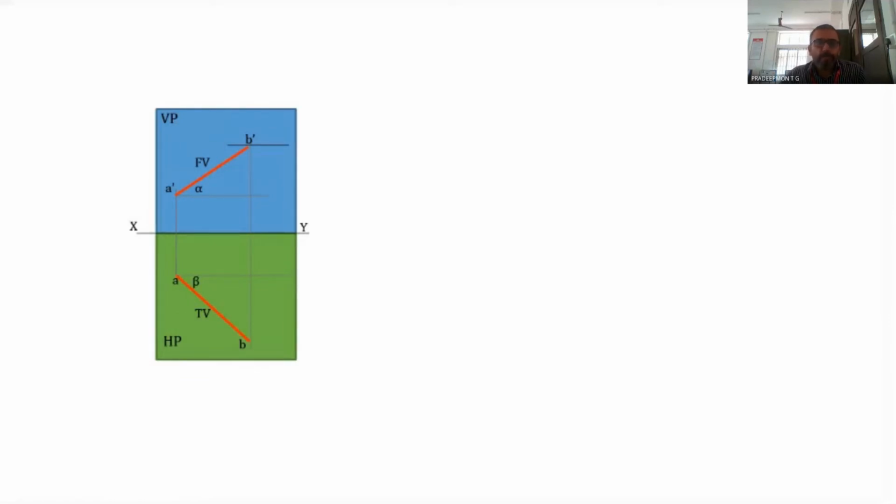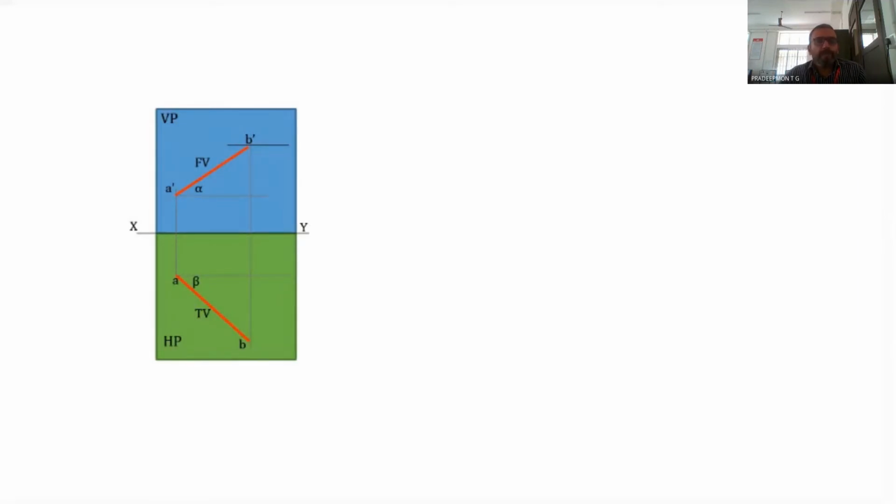That we have already seen in the case of the line which is parallel to the VP and inclined at an angle to HP. In that case, the front view gave you the true inclination as well as the true length. So here alpha will be greater than theta, and beta will be greater than or equal to phi.